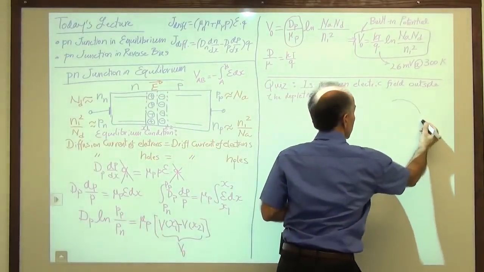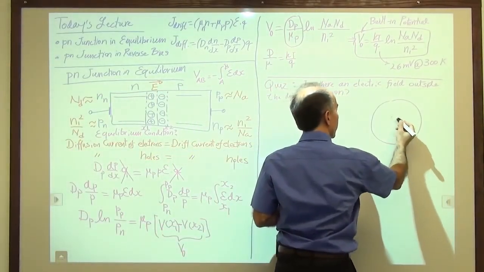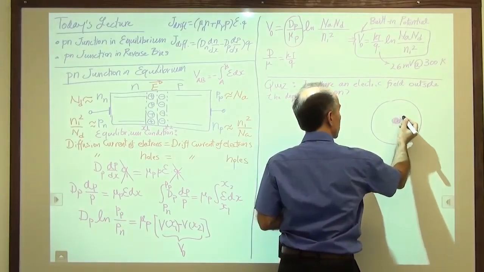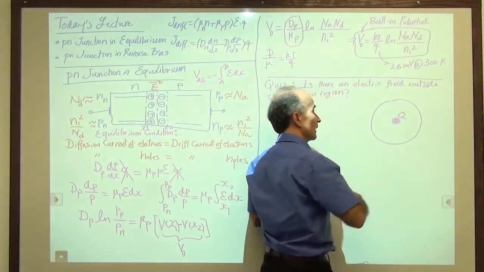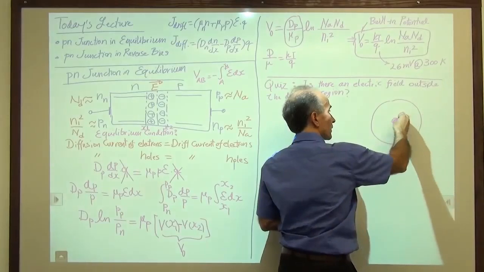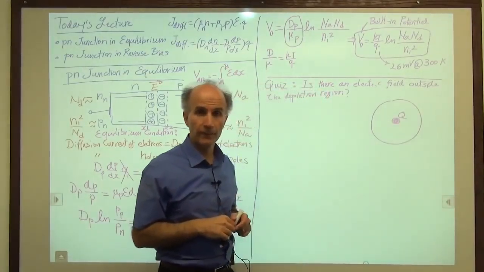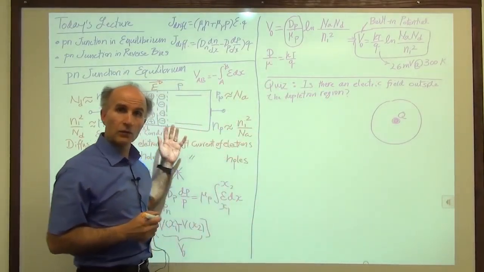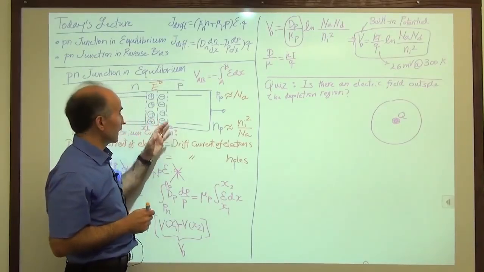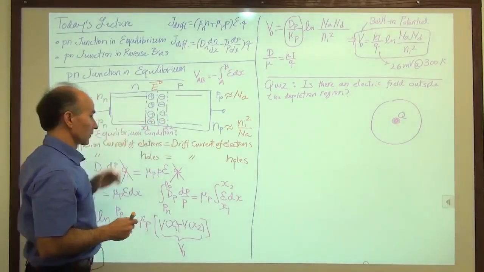So Gauss says that if you take a surface and you find the total net charge in here, then the electric field on the surface that we measure is proportional to that charge. So it's very easy to show that the electric field has to be 0 here and here.